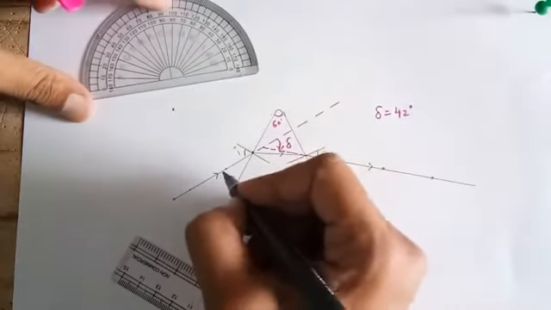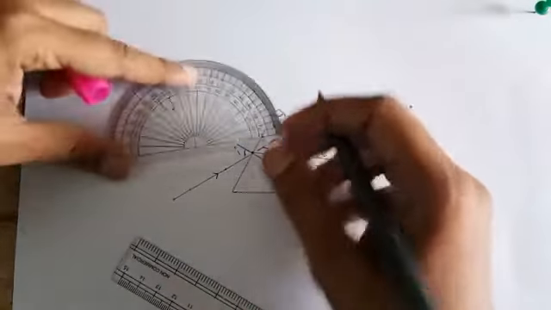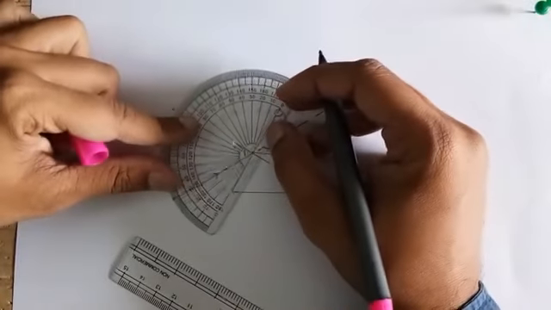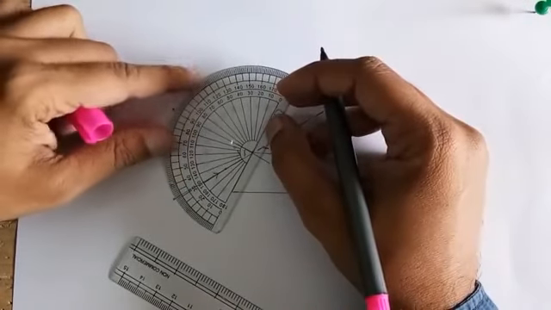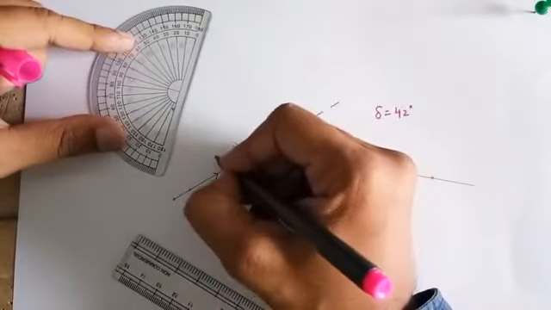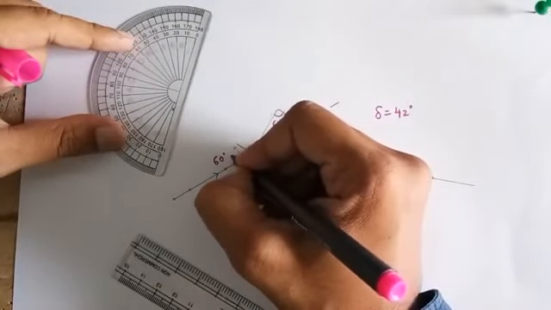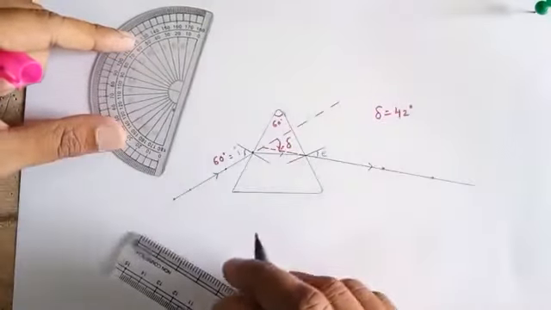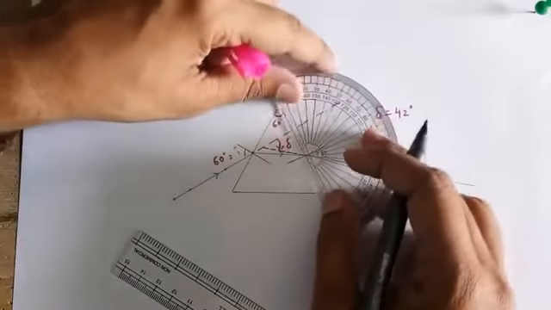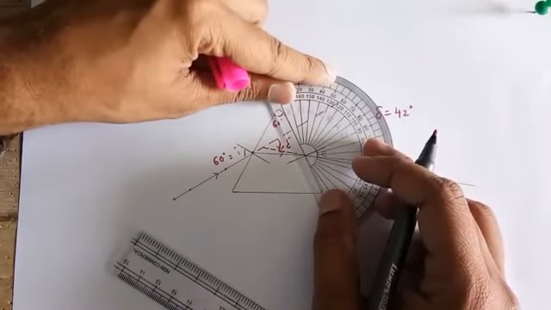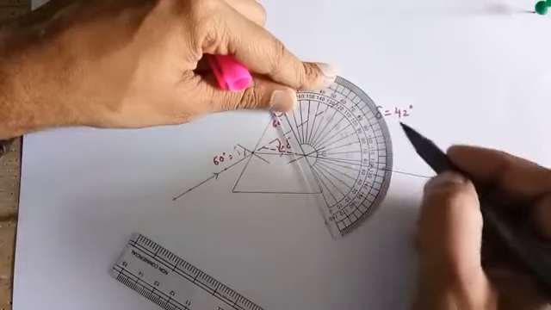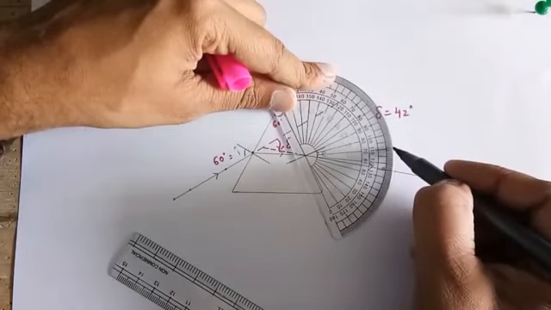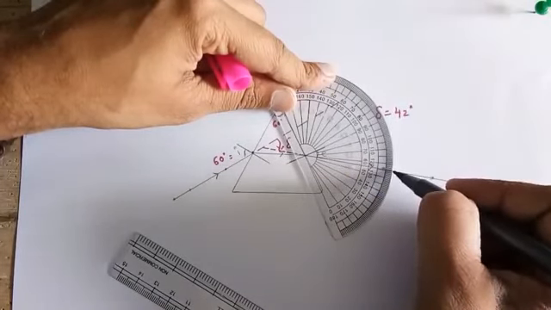And I kept the angle of incidence as 60 degree. So when I kept this angle 60 degree, I got this angle of deviation. Let me measure the angle of emergence as well. So angle of emergence with respect to the normal, 10 degree, 20 degree, 30 degree, 40 degree.